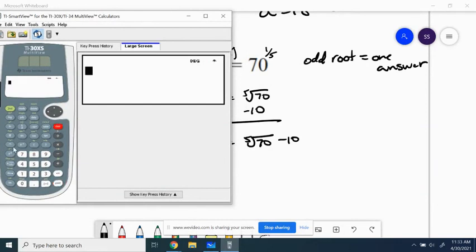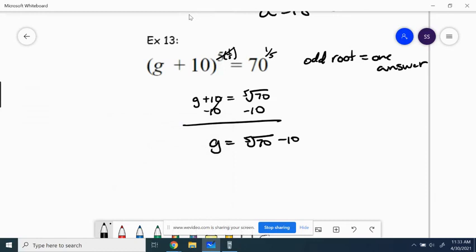We're going to hit 5 and the second key, and we get the key that we want here by hitting this caret button. 70. Get out of the radical by hitting the arrow button, minus 10. Press enter, and there you go. -7.66. g is equal to -7.66.